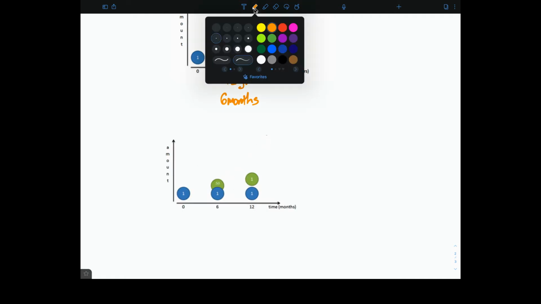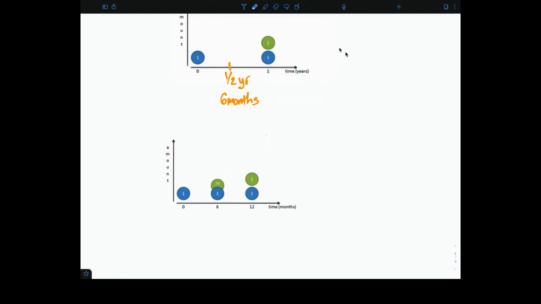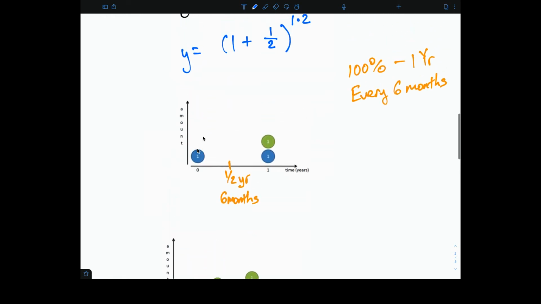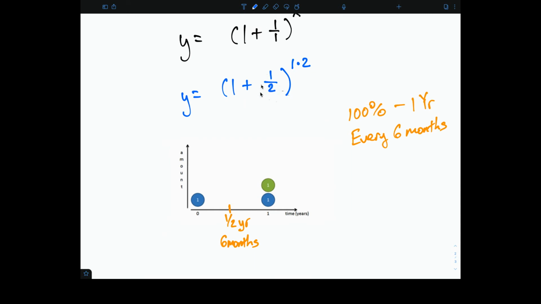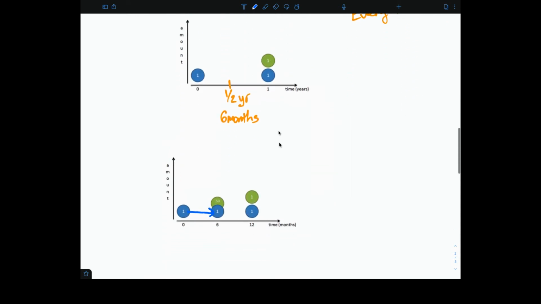Because what is going on here? Well, you have the initial year, right? But because we're now doing every half a year, so that's 50%, you have 50% more.